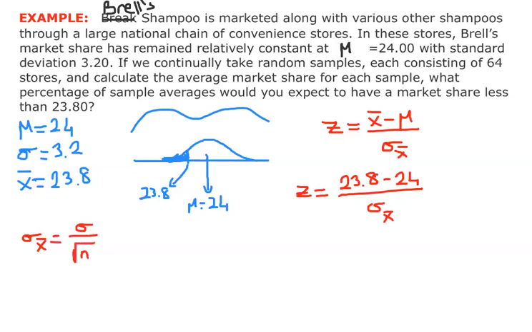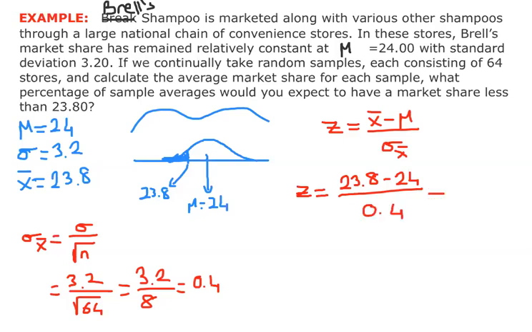In my case, 3.2 divided by square root of 64 stores. We have 3.2 divided by 8, which is equal to 0.4 market share. So instead of sigma x bar, I can write down 0.4. When you do this on your calculator, you will see negative 0.5 is our z-score.